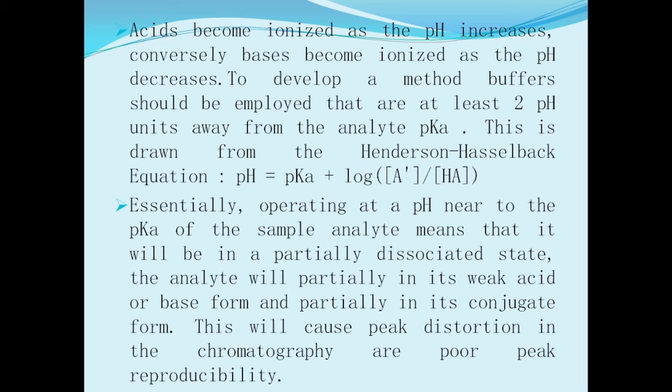Once the proper pH range for the mobile phase is determined, choosing the correct buffer can begin. Buffer capacity is optimized at or near pH equal to the pKa of the buffer. As a rule of thumb, most buffers work suitably well within plus or minus 1 pH unit of their pKa.